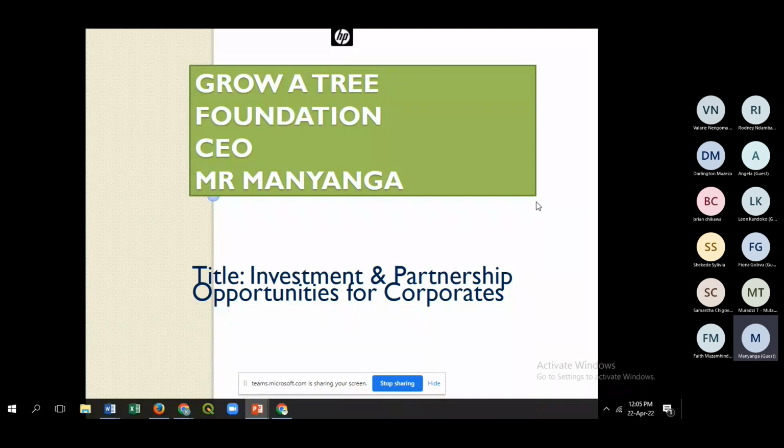But one key challenge has been lack of access to that information. People simply don't know what is happening, so they will be caught up and it will be unfortunate. So I'm looking into investment and partnership opportunities that are there for corporates.